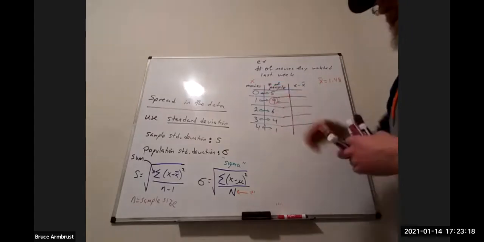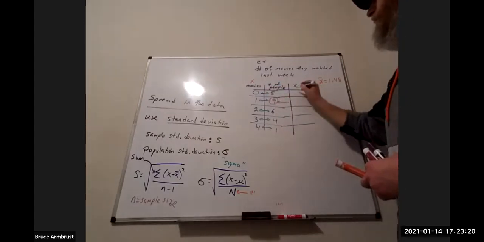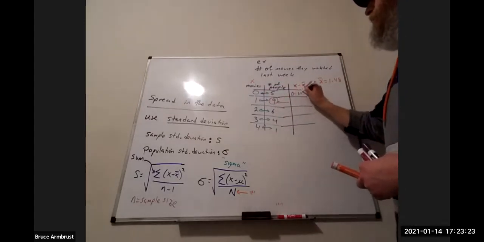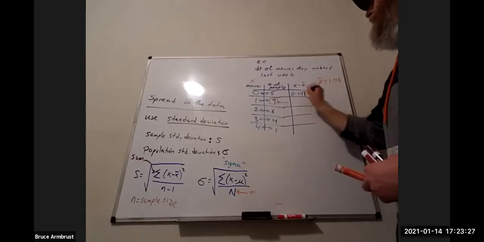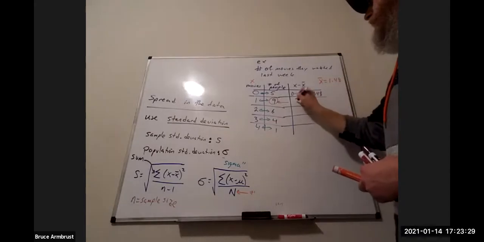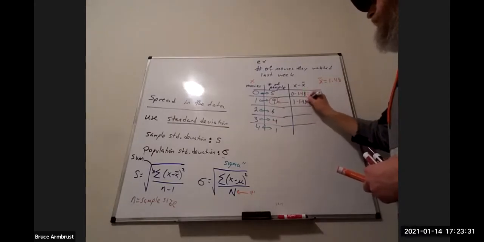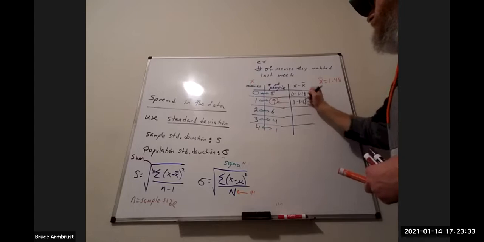Okay, so I'm going to take 0 minus 1.48, which is negative 1.48. I'm going to take 1 minus 1.48, which is negative 0.48.